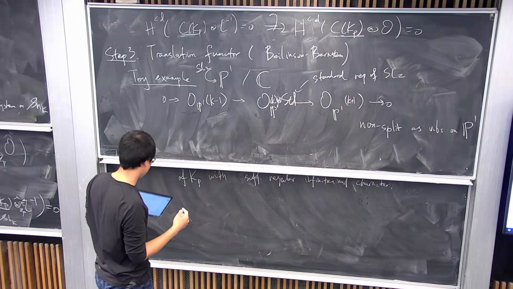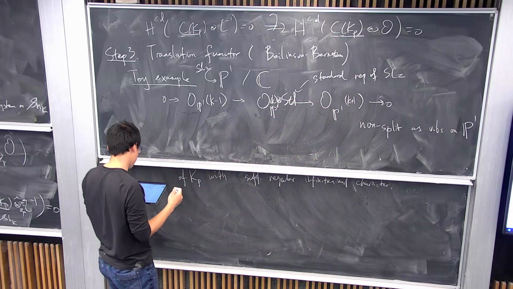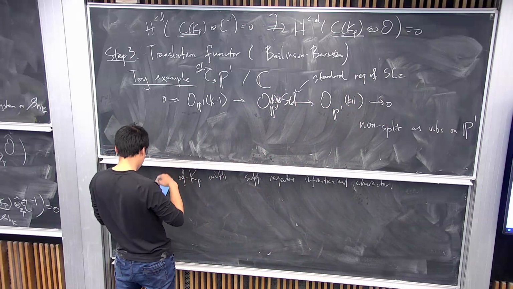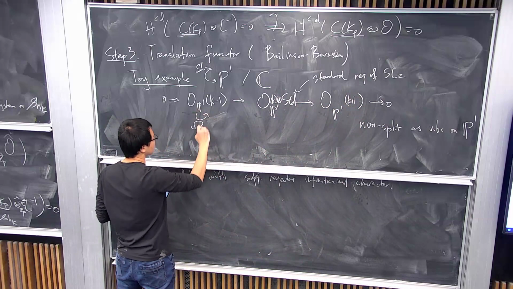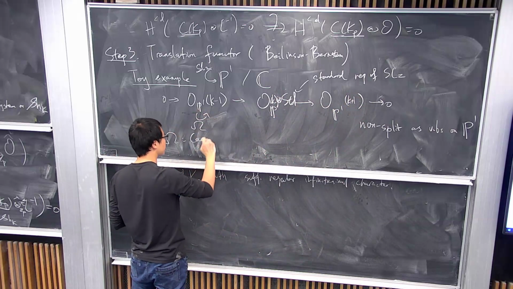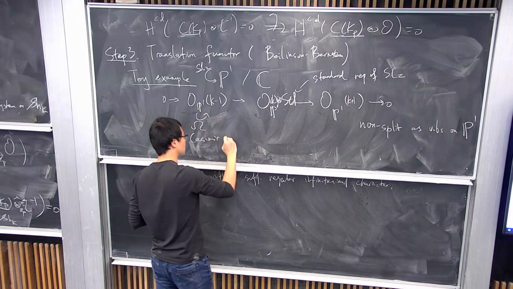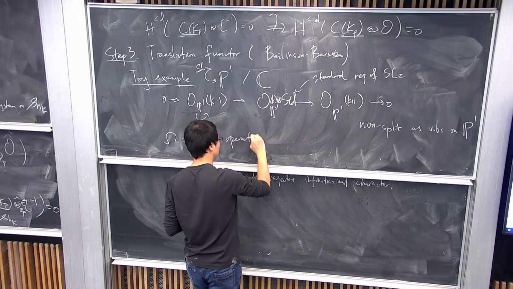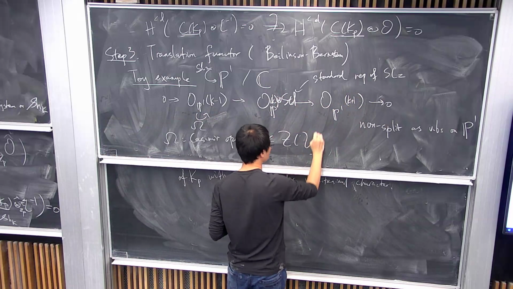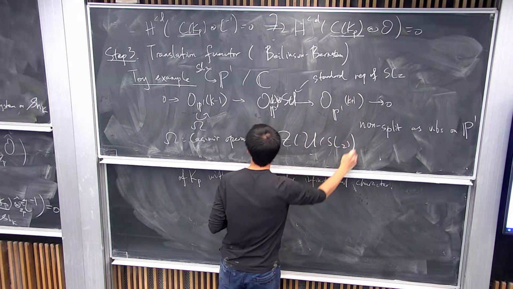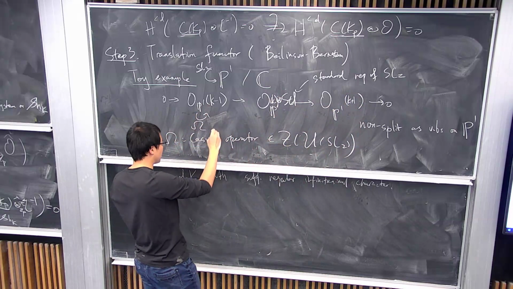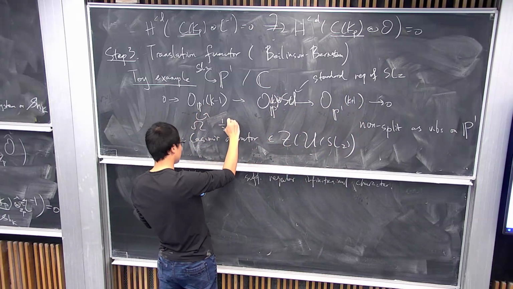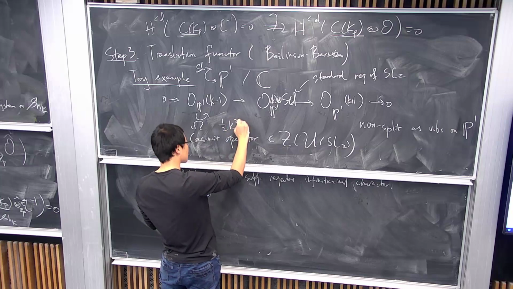And the claim is that if you look at the action of the Casimir operator in the center of the universal enveloping algebra of SL2, its action on O_{P1}(K-1) is given by 1/2 of K squared minus 1/2.